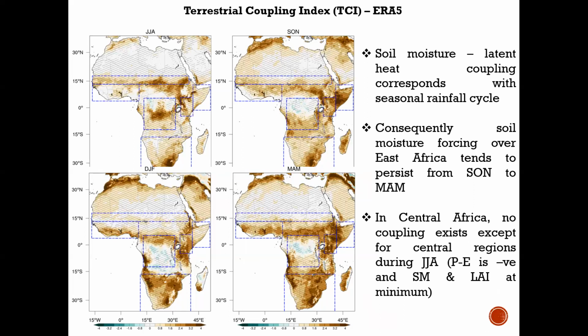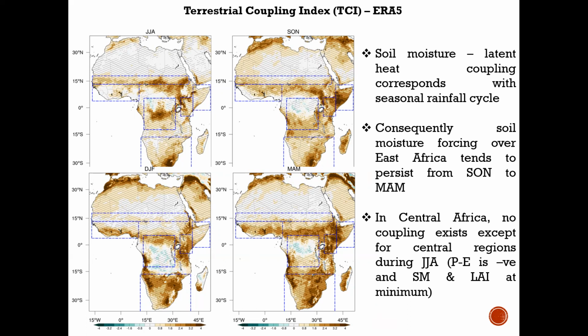Now, looking at the metrics that we were interested in, this is the terrestrial segment of the land atmosphere interaction for the 4 seasons based on ERA5. We show that during JJA, the coupling is strong over the Sahel and parts of Central Africa, as well as East Africa and Southern Africa.